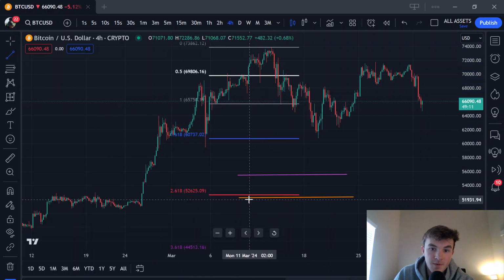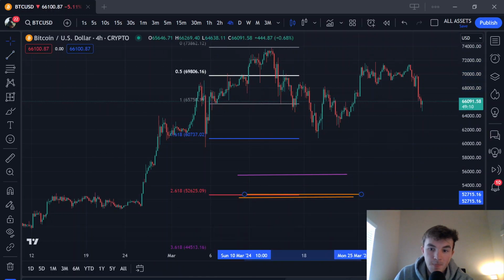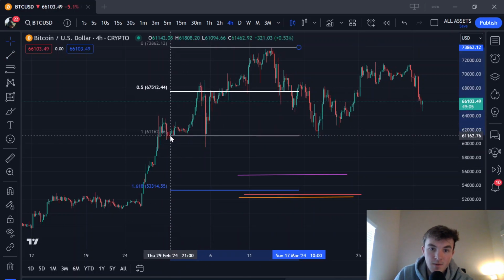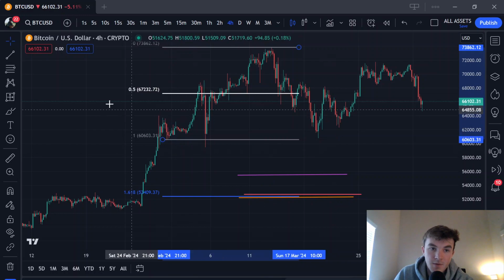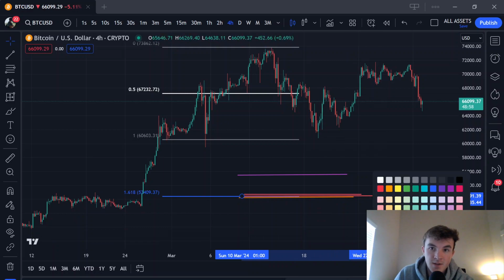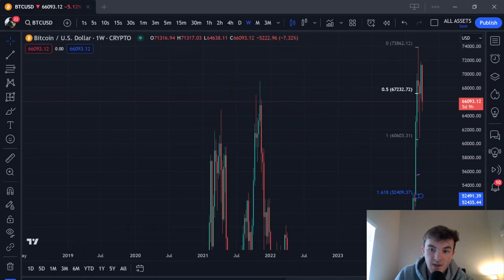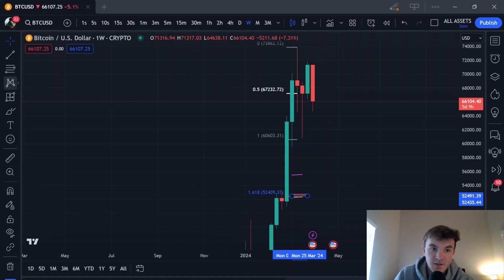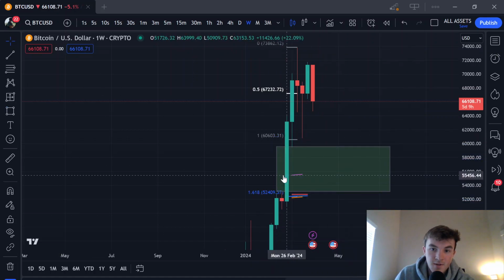See this red one. This blue one. And you can start to see how everything lines up at this 52K level, which makes a lot of sense because that is also the end of this giant weekly imbalance right here. Right?